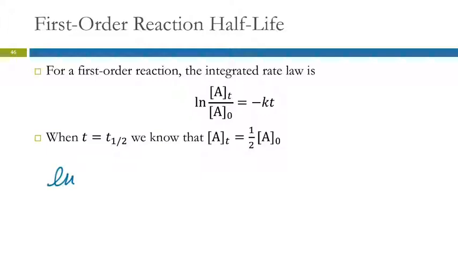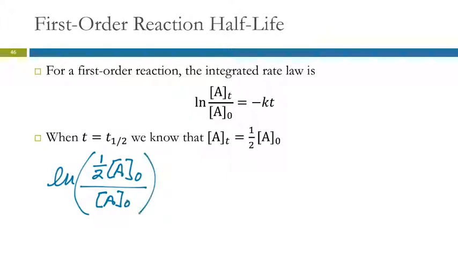The natural log of 1/2 A0 divided by A0 is equal to negative k T1/2, because that's the definition of the half-life. It's when the concentration is half of what it initially was.